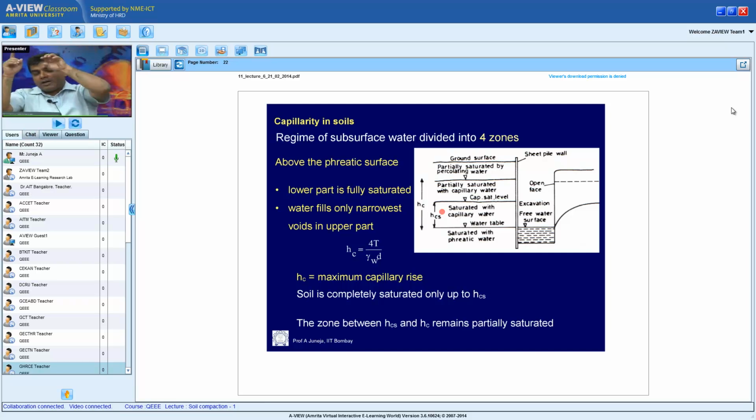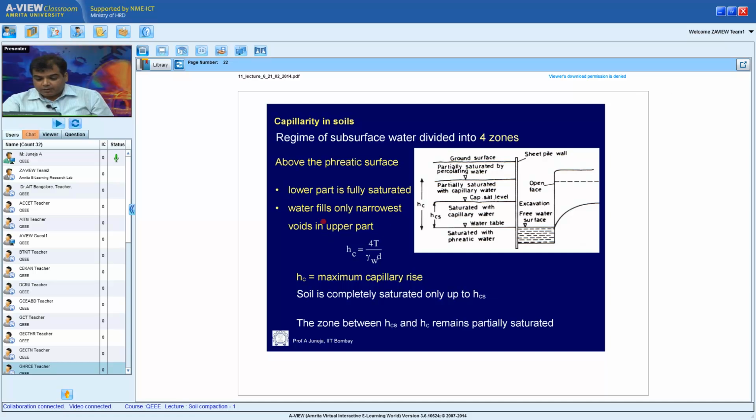In other words, you have a partially saturated soil somewhere here. So if I extend this analogy throughout, I will have a partially saturated zone for the top few distance within this height HC, because the soil capillarity gets broken.